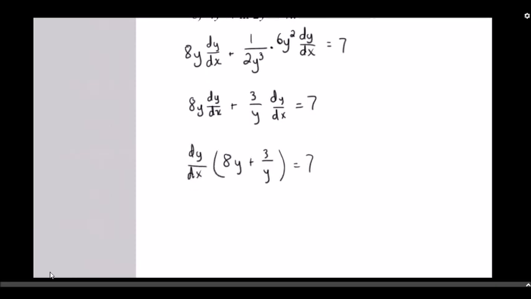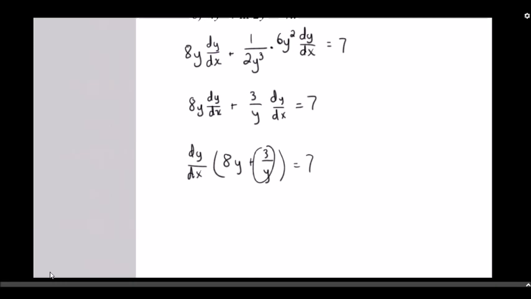Now it's going to be easier if I combine this into one term. 8y plus 3 over y, if I combine that into one term. So I can do that by getting a common denominator.